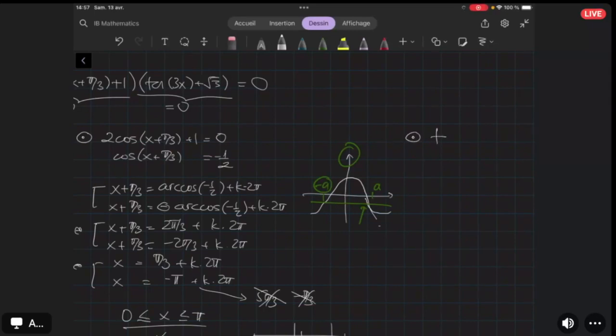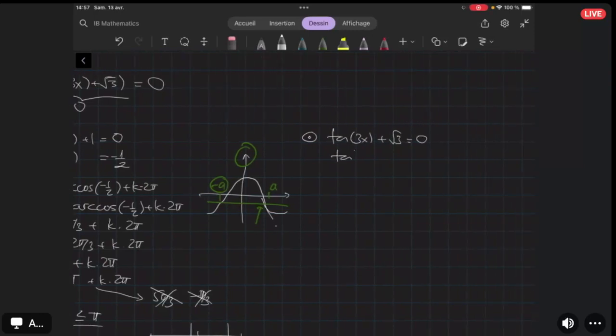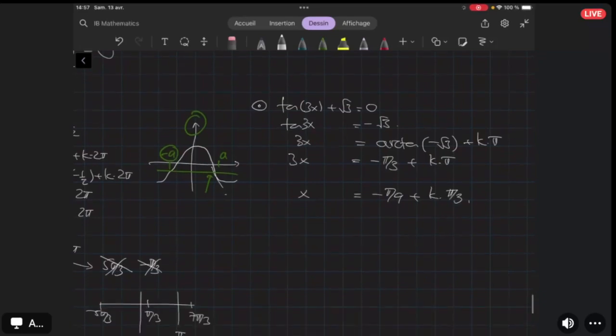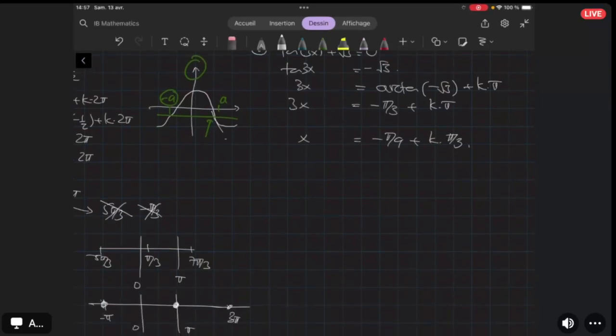Third equation: tan of 3x plus root 3. Is k a constant for a number of periods?